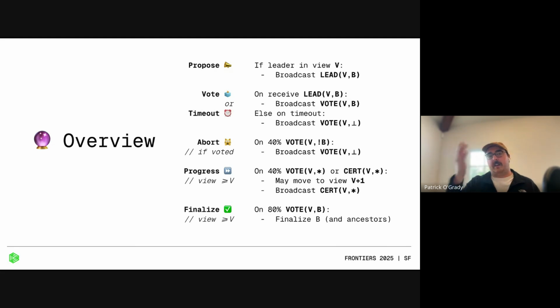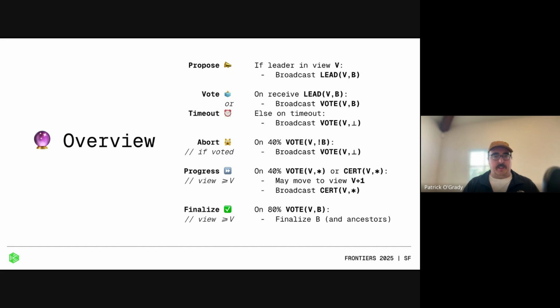We'll talk about the happy path first, actually, that makes more sense. So we vote on something, and the happy path, right? The leader does not equivocate. Everyone gets this block very quickly. Basically, everyone sees about 40% of votes from everybody else, and then they move to view one. And then shortly thereafter, while they're already starting in view +1, they hear about 80% of votes, and they're like, oh, that's finalized, easy.